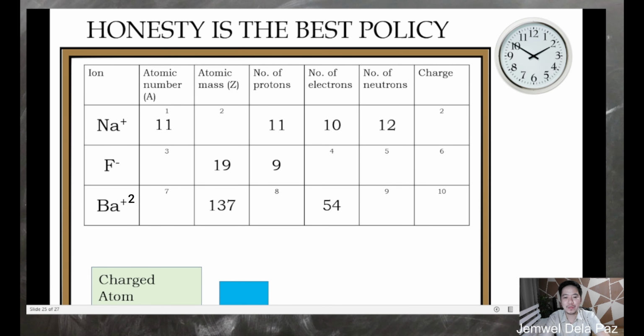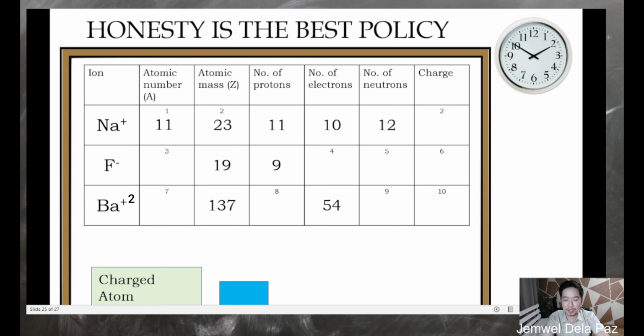If sodium released 1 electron, then the number of electrons will be decreased by 1. That's why you can see in our table now that the number of protons is greater than the number of electrons by 1. That is always the principle if the given ion is a cation. The atomic mass is 23.